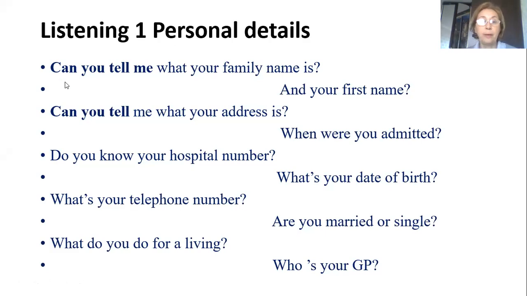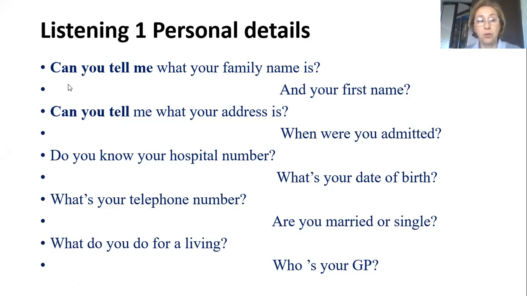Yes, teacher. Okay. So I would like to speak about the structure of the questions which are presented here, which were used by the receptionist in the conversation with a patient. There are some sentences that are so-called complex sentences, complex questions.